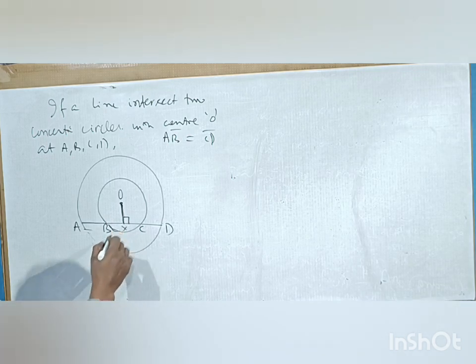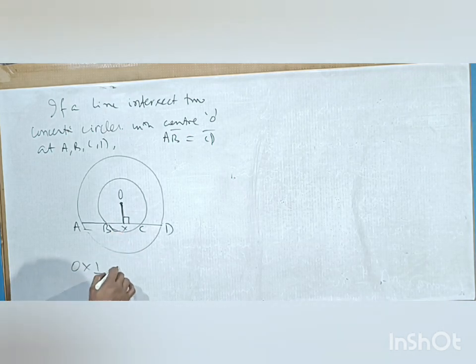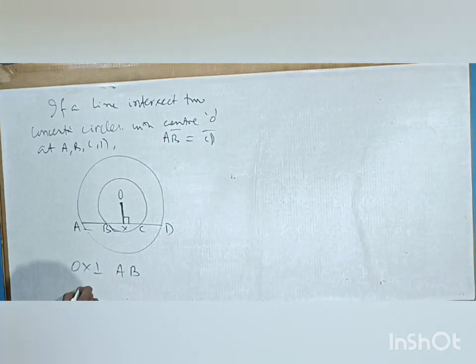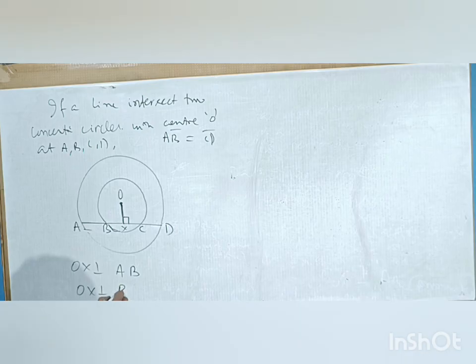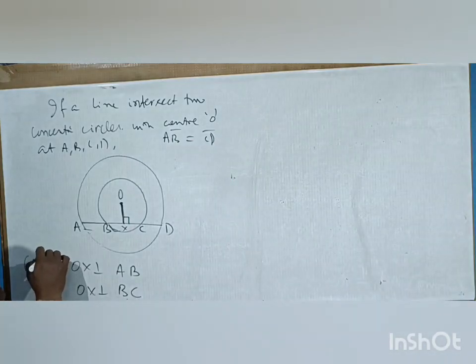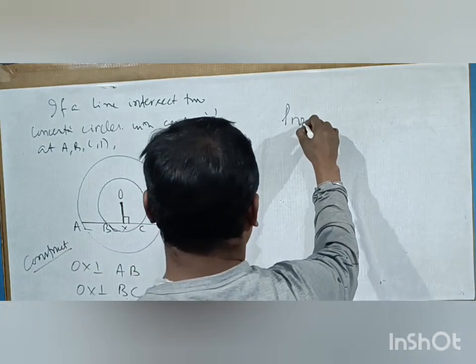So construct OX perpendicular to AB. Also OX perpendicular to BC. You have to construct here.